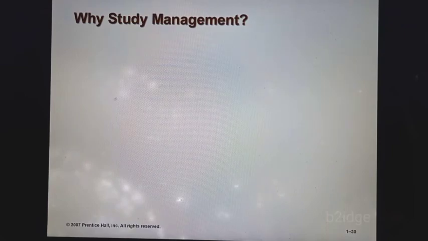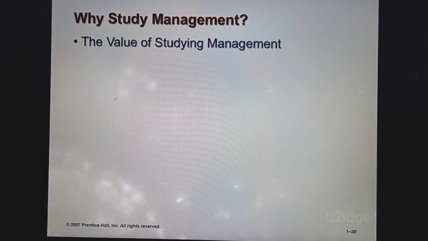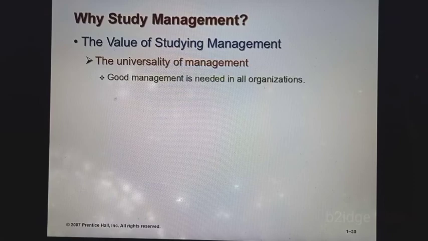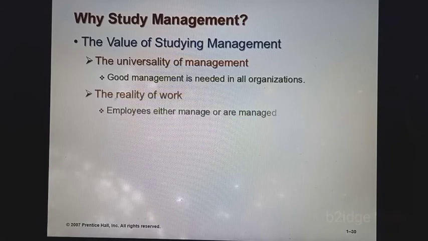So why study management? It's not because you are a major in management, not because also that you are taking up accountancy or marketing. So the value of studying management is the universality of management. Good management is needed in all organizations. And then the reality of work, employees either manage or are managed.